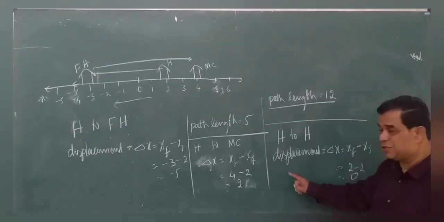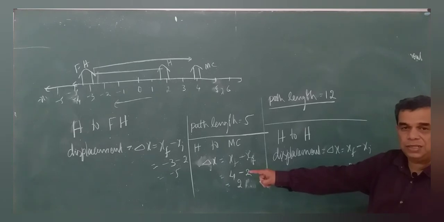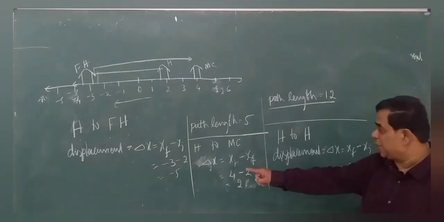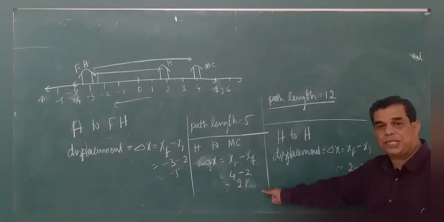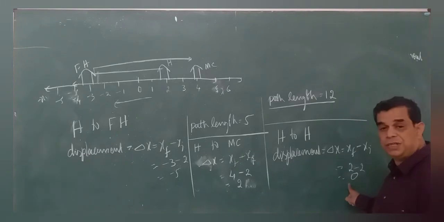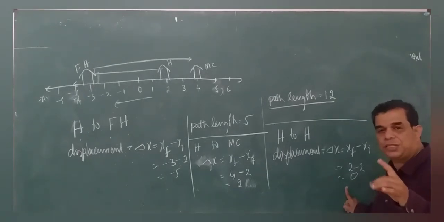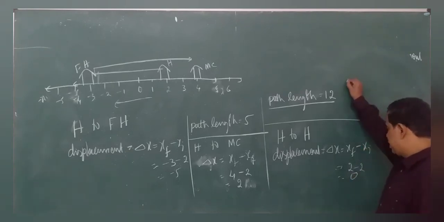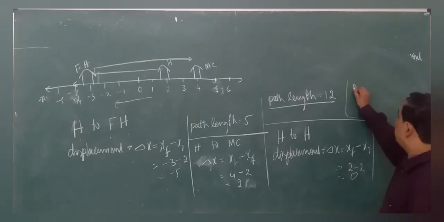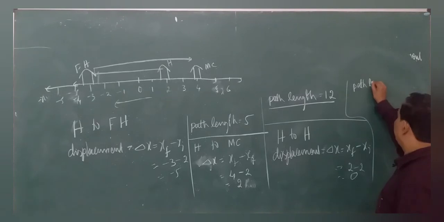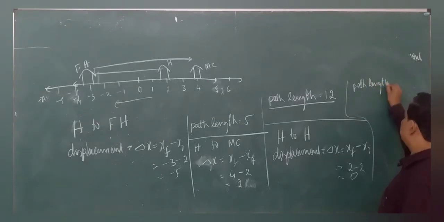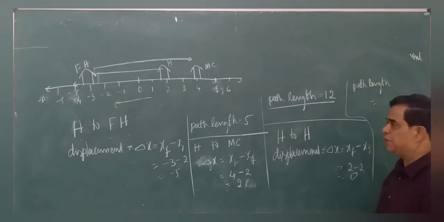Observe in 3 examples. In the first part, displacement negative. In the second part, displacement positive. In the third part, displacement 0. That's why we say vectors can take negative, positive or 0 values. Once this is the thing, what about the path length? We count it now. I hope by this time you are well versed to count how many kilometers we have to travel.